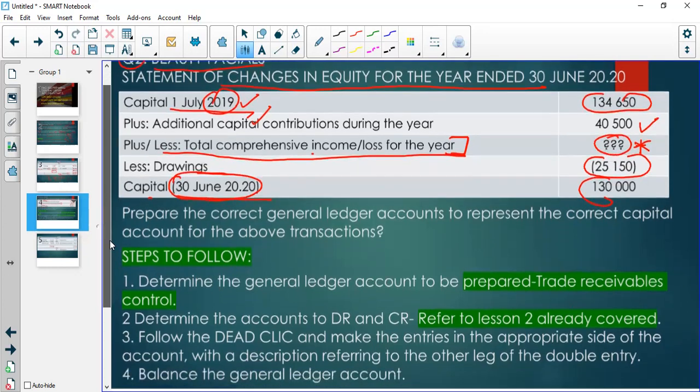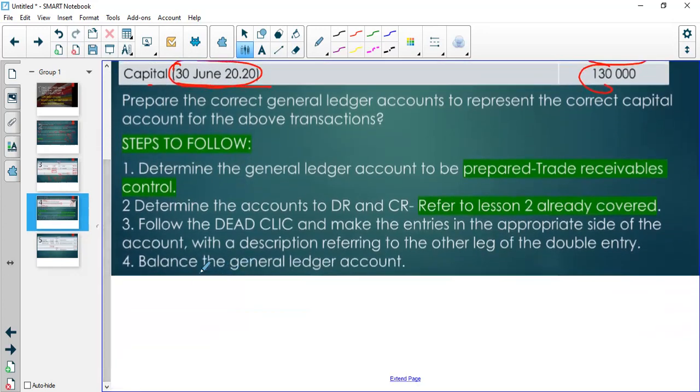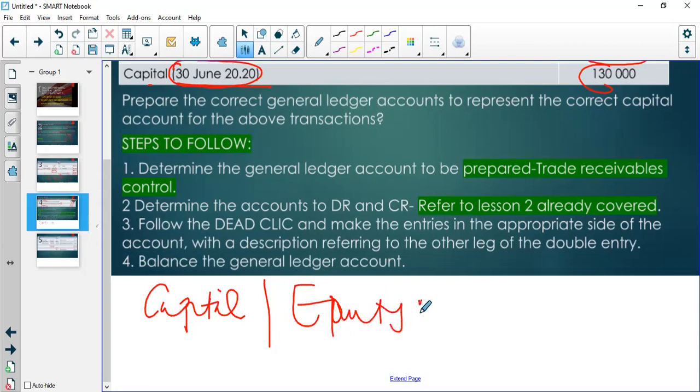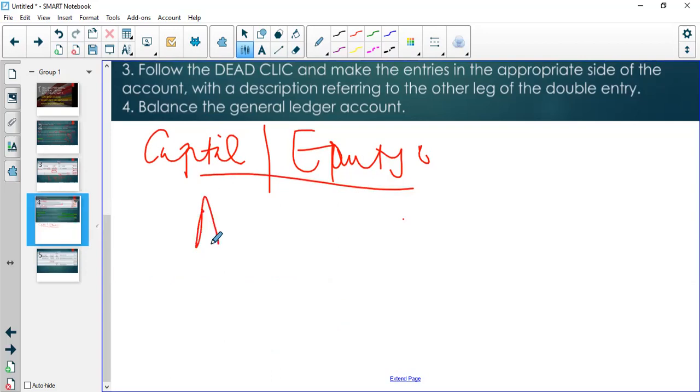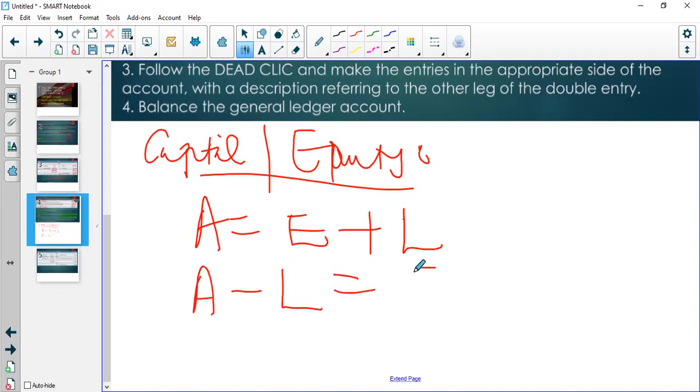So what we do, remember, there are two ways of calculating capital or equity. The first way is when we say assets is equal to equity plus liabilities. So eventually our assets minus liabilities will give us equity.